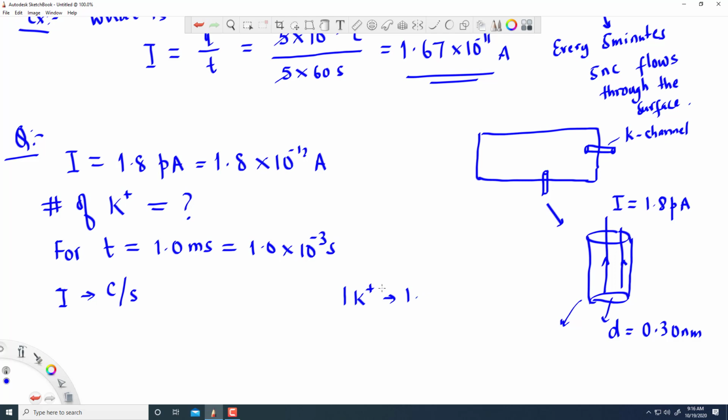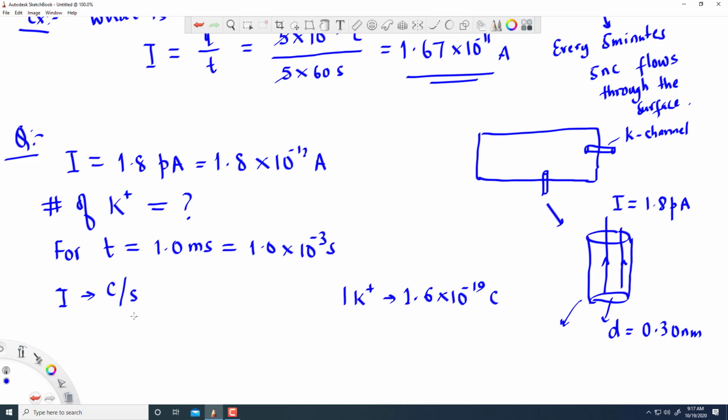So there is one free electron in potassium, or one free proton, you can say whichever charge you want to call. If it is positive, then it's positive ion. So each positive ion has 1.6 times 10 to negative 19 coulombs. That's the charge of electron or proton. So in this case it's a proton, it's a positive charge, positive ion.